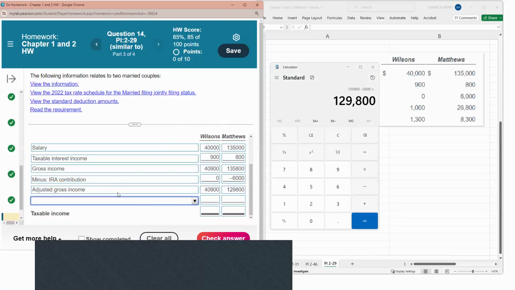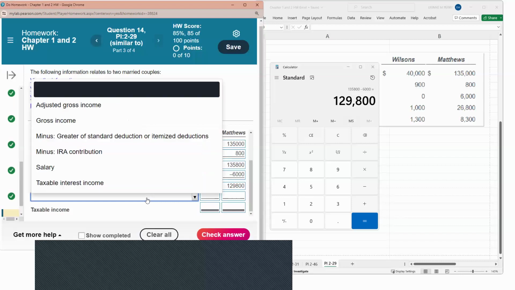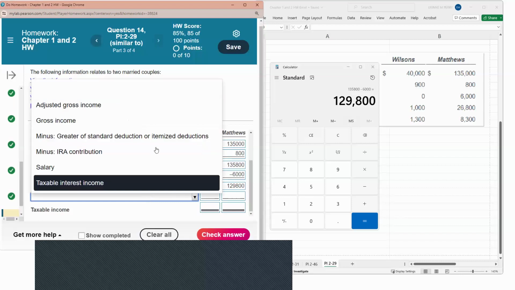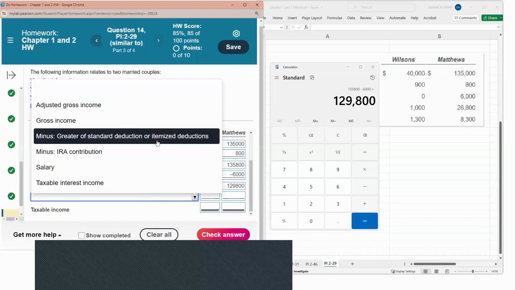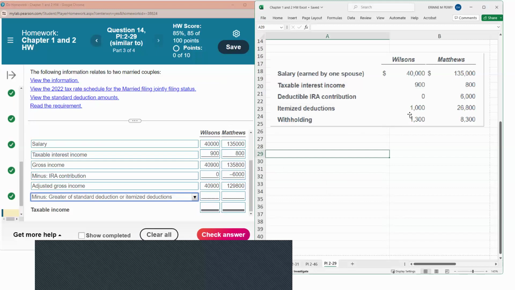So we determine our adjusted gross income, and now the next step is the from AGI deduction. And the from AGI deduction is essentially the greater of the standard deduction or itemized deductions. So here it lets us know that the Wilsons' itemized deductions are only $1,000, right?